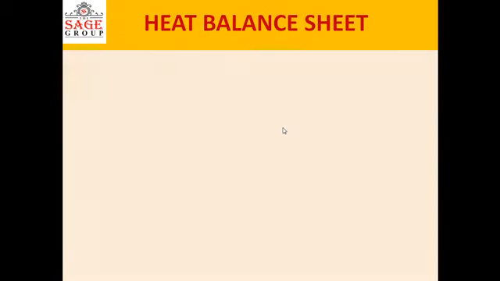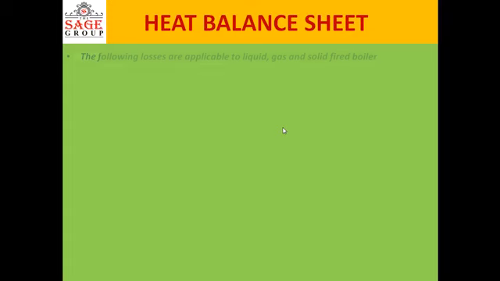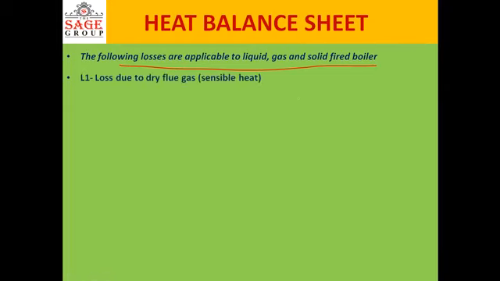So in this heat balance sheet, there are different types of losses which occur in the boiler. First we are considering the following losses, which are applicable to liquid, gas and solid fired boilers.